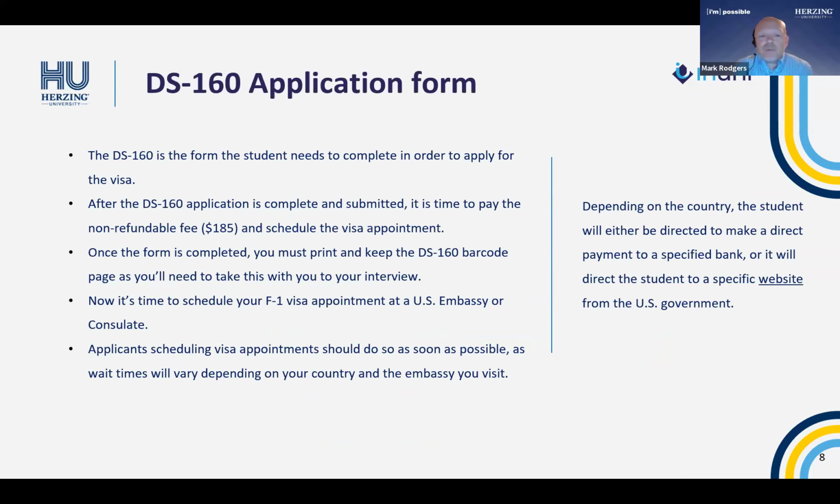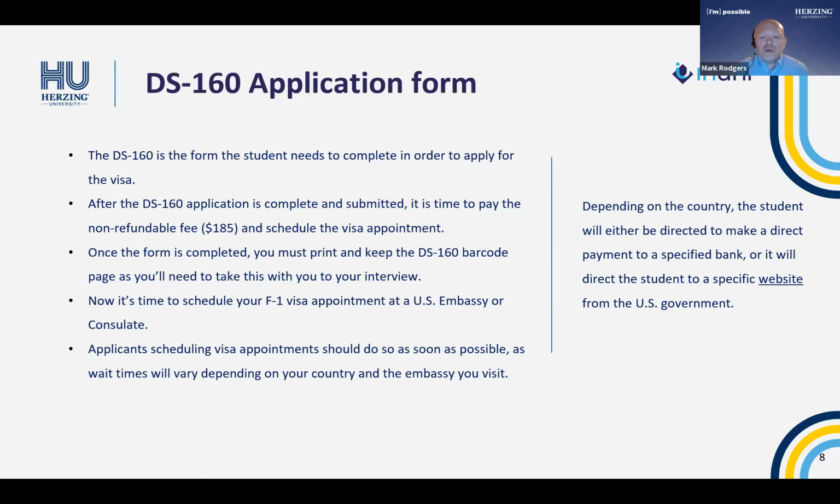The DS-160 application form, as we covered previously, is a form that the student needs to complete in order to apply for their visa. After the form is complete and submitted, it's time to pay the non-refundable $185 fee and schedule the visa appointment. Once the form is completed, you must print and keep the DS-160 barcode page that you'll need to take with you to your interview.